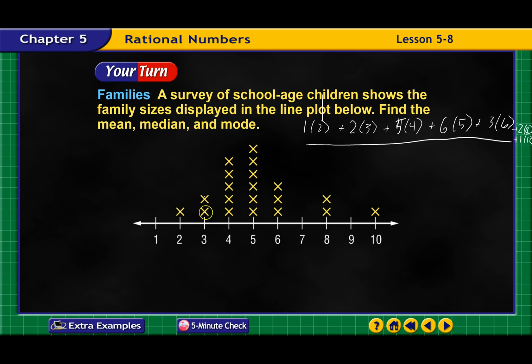And there's a total of 1, 2, 3, 4, 5, 6, 7, 8, 9, 10, 11, 12, 13, 14, 15, 16, 17, 18, 19, 20.